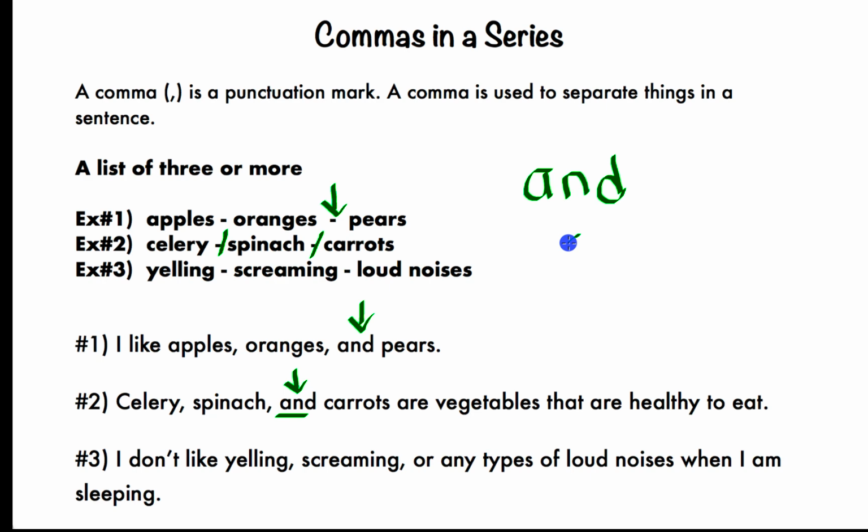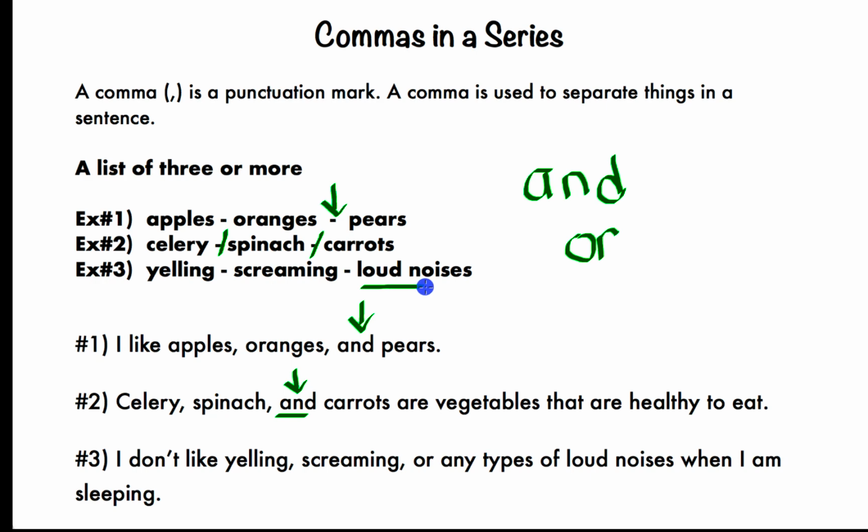Now let's look at the word or. You can use or as well when you want to conclude your list of items. So let's look at example number 3. We're talking about yelling, screaming, loud noises.